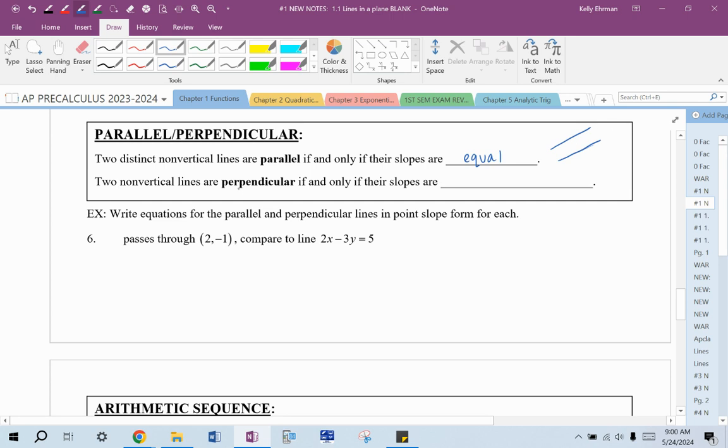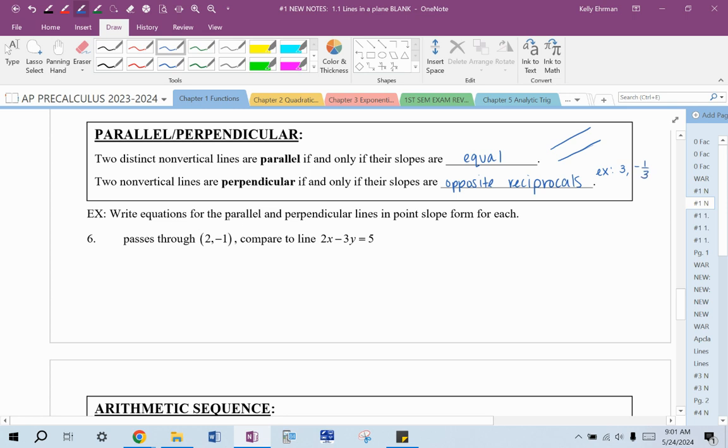Two non-vertical lines are perpendicular if and only if their slopes are opposite reciprocals, meaning opposite signs. So for example, if one slope is 3, the other slope is negative 1/3.